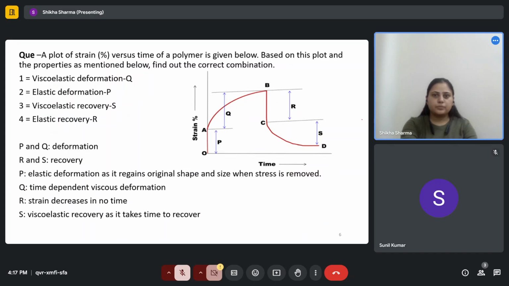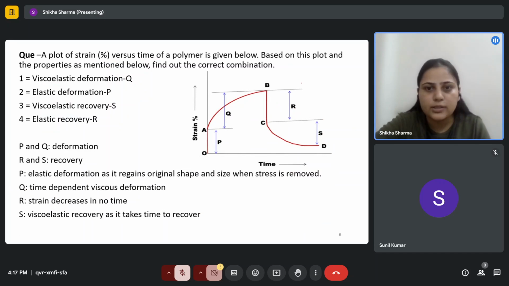As per this graph, in the P and Q part, the strain percentage is increasing with time. Initially, at zero time, the strain is this much, O2A. This P amount is there, and after that strain is increasing at some different rate.